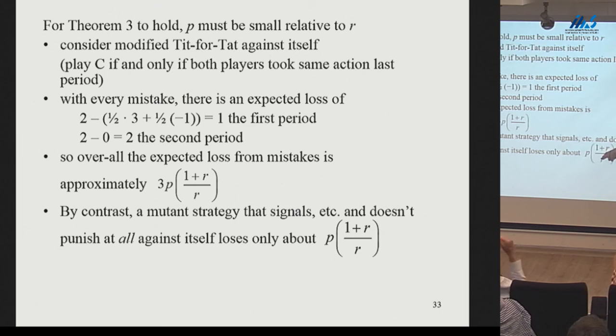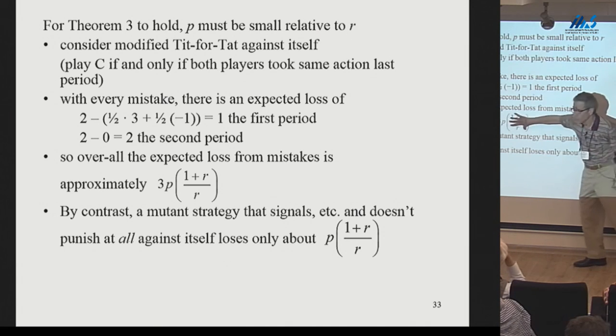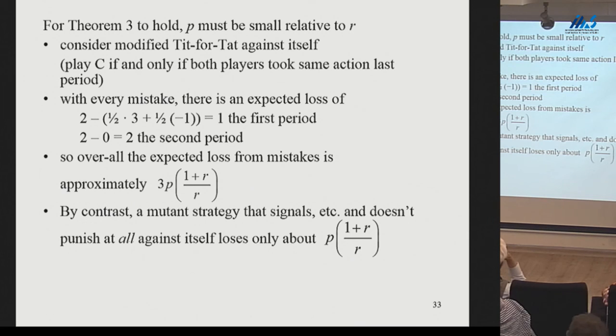Now, these are only approximations. But if R is small relative to P, then that shows that the mutant will do better than S. It's only for that argument any relation between P and R. That is a higher loss than that.